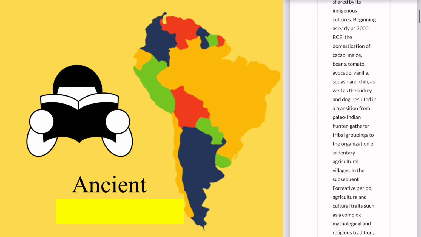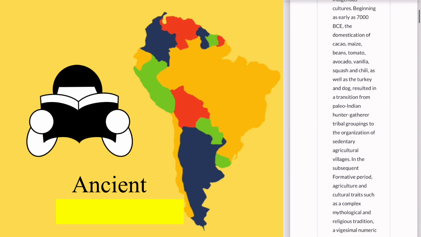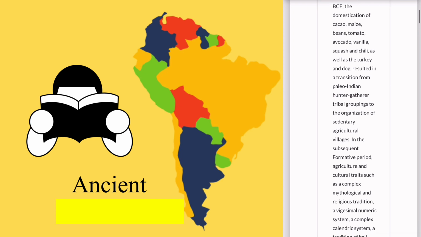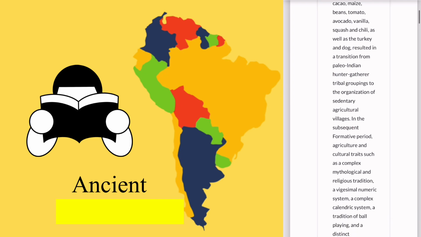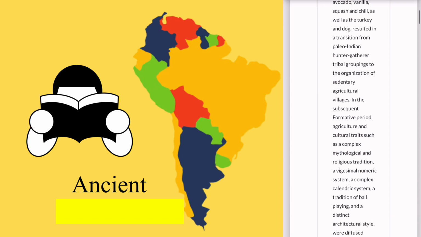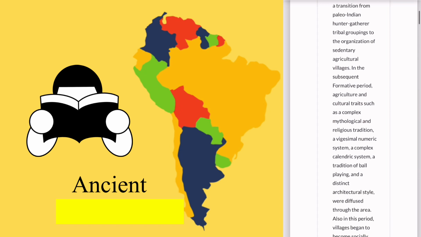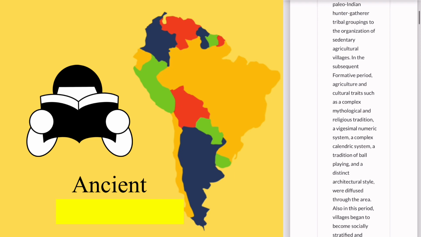In the subsequent formative period, agriculture and cultural traits such as a complex mythological and religious tradition, a vigesimal numeric system, a complex calendric system, a tradition of ball playing, and a distinct architectural style were diffused through the area.